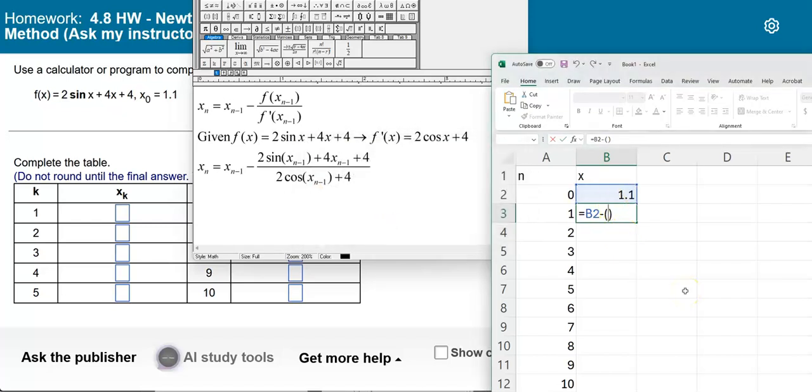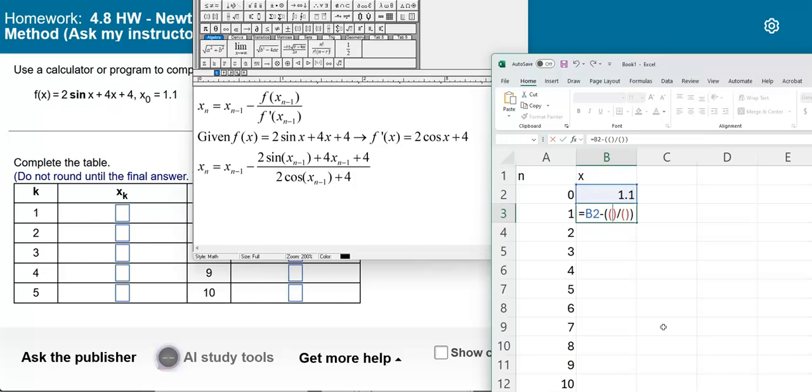Then I will do the division because I have the numerator and the denominator. On the top, I have a long expression, and for the bottom I also have a long expression, so I'll open 2 more brackets.